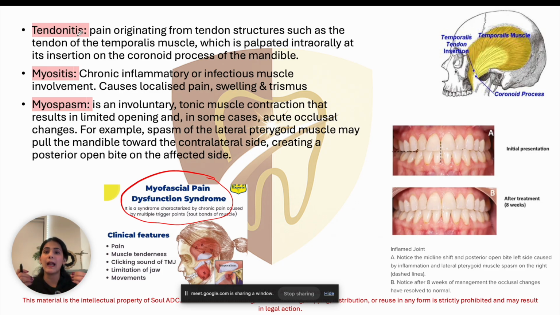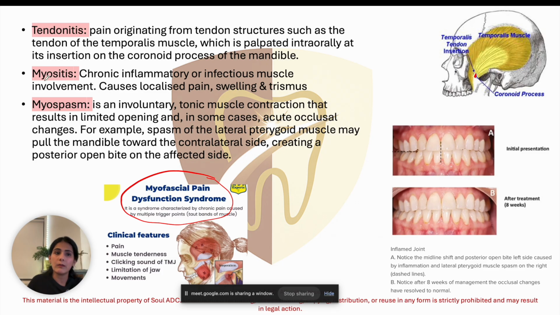So if a problem happens, the trigger point will be where your temporalis ends, where it connects with the bone, there will be pain. So pain originating from tendon structures such as the tendon of the temporalis muscle, which is palpated intraorally at its insertion on the coronoid process of the mandible. Whenever we go from inside your mouth and palpate, the patient might have pain at that spot.